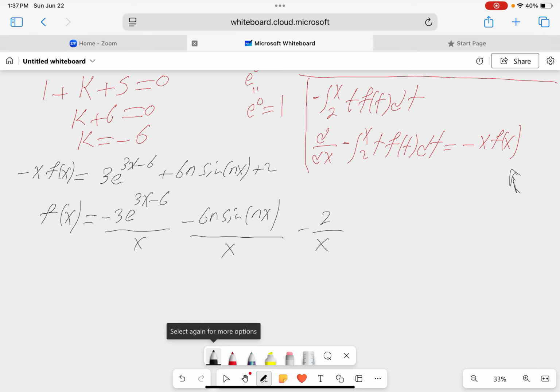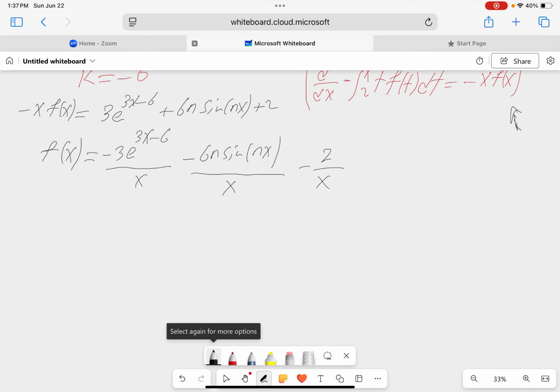Now things are straightforward. You just take the derivative of f of x, and replace x with 1 to evaluate the derivative. We use the quotient rule for each of these terms. The first one has x squared in the denominator.